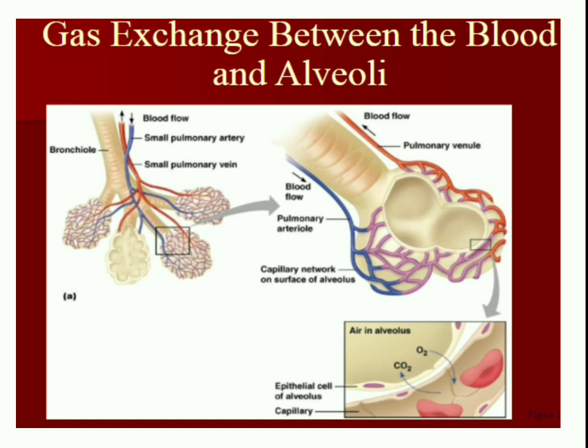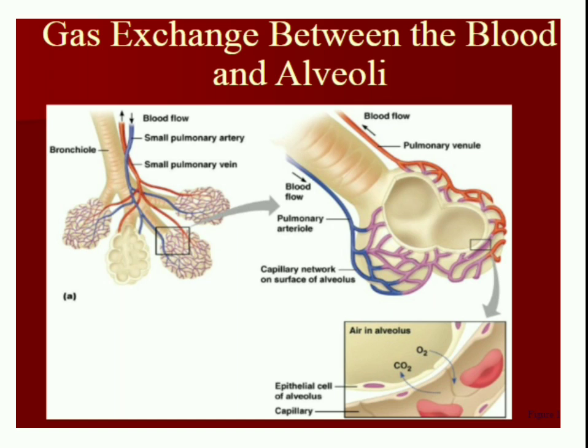Here we can see that the bronchioles are covered with small pulmonary arteries and veins, and those arteries and veins allow carbon dioxide and oxygen to move, leading to internal respiration, so that there will be a supply of oxygen and carbon dioxide to their respective places. Here we can see the diagram.